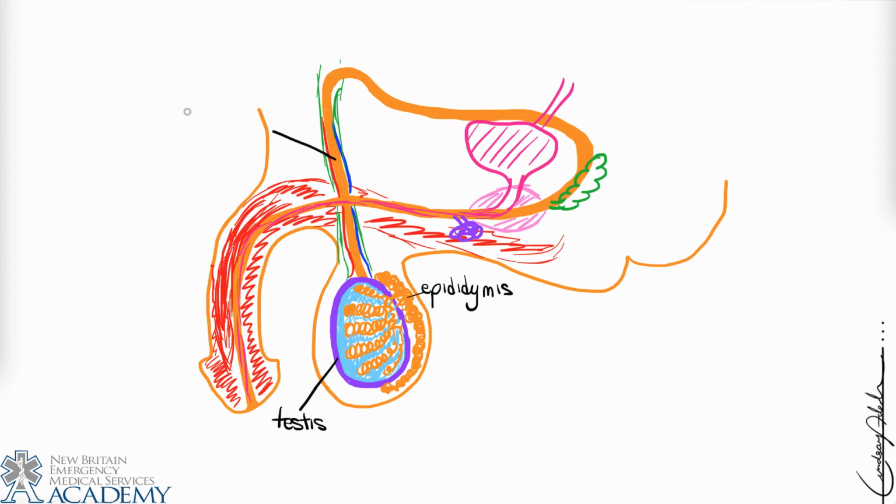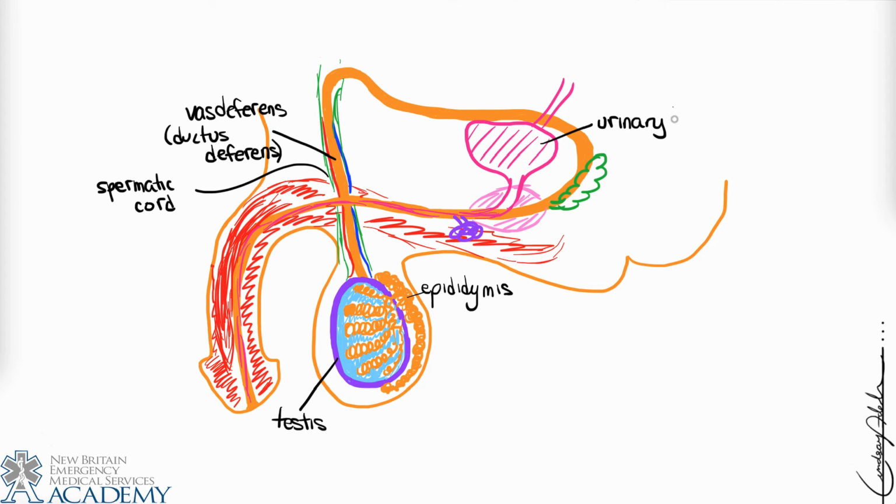Again, we can see the testes and the epididymis, and I didn't draw in or label the rete testes or the efferent ductules, but we'll know that they're there from the previous drawing. Then we see the vas deferens, or the ductus deferens, as it travels up into the male body. I just want to mention that the ductus deferens is actually enclosed in something called the spermatic cord, which also contains blood vessels and nerves.